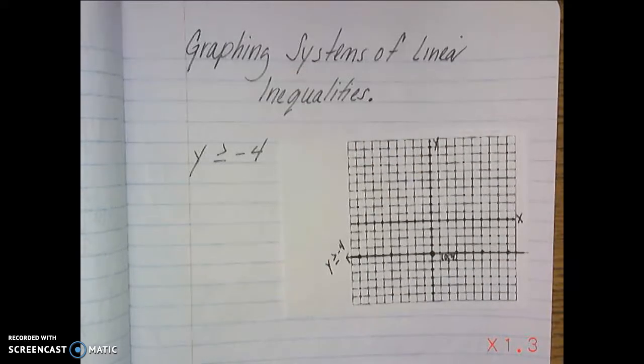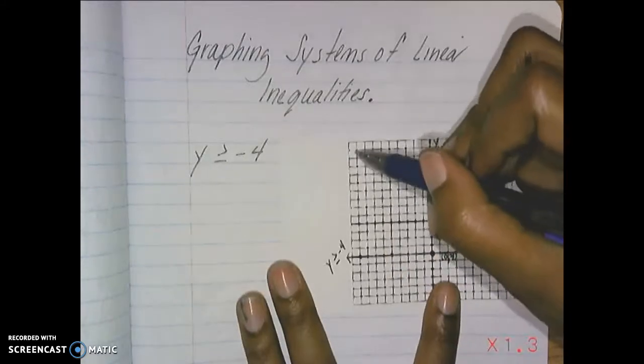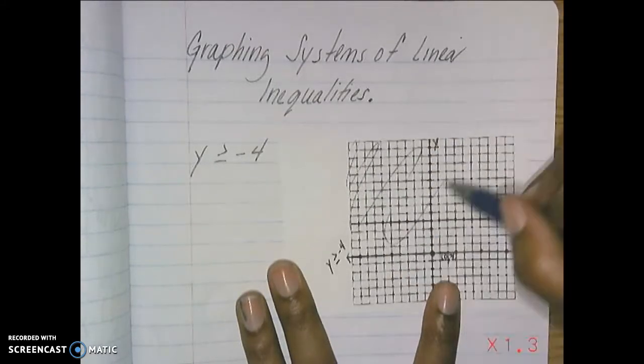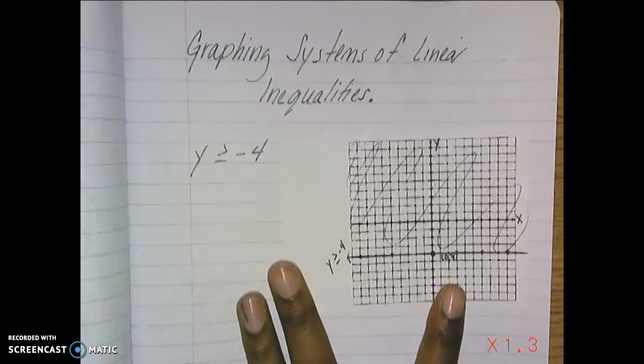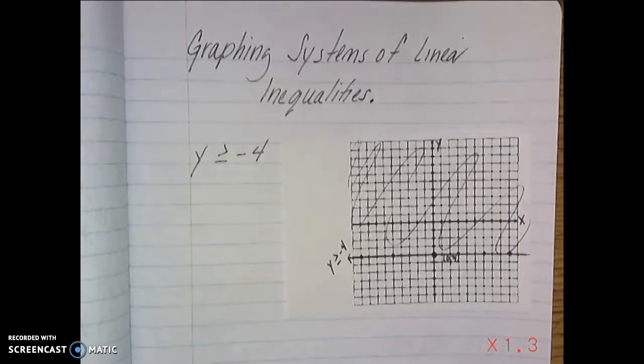When I shade it in, the solution to that one inequality is this entire section here. I did a zigzag line. If you want, tomorrow we're going to use highlighters to do this part.